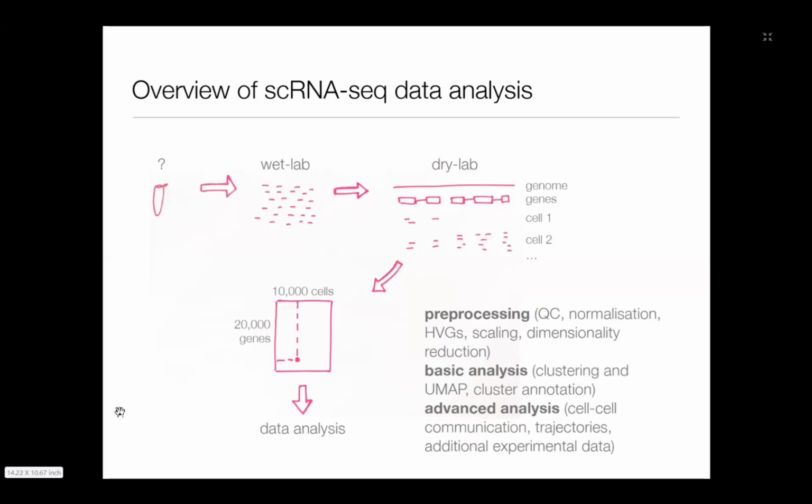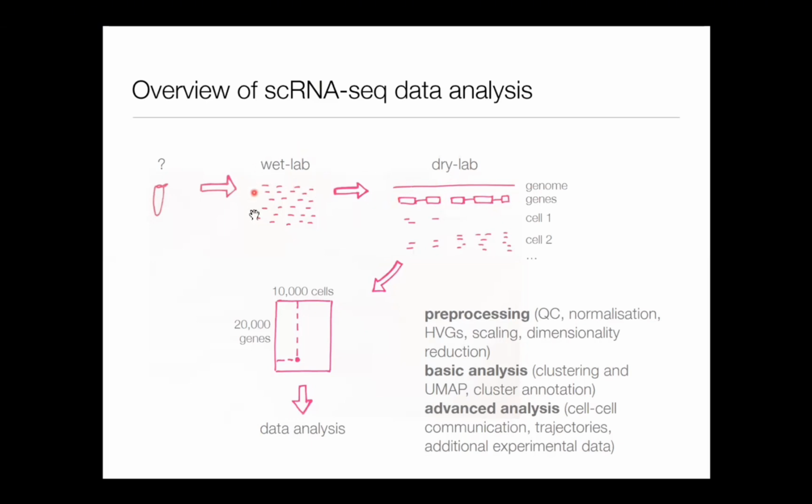So I would like to start with a little overview. We've heard parts of this this morning. We start with our question and a sample, and we sequence the RNA of individual cells with whatever technology. So we get millions of sequencing reads that we then have to map back to the genome.